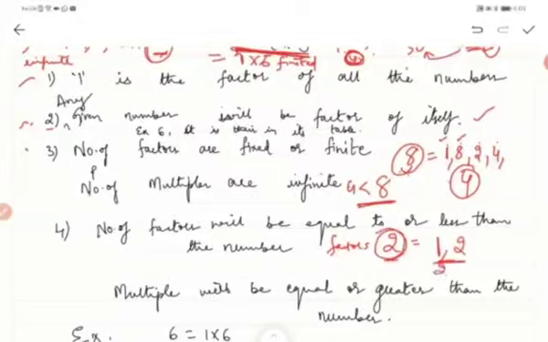The number of factors we have is 2, and this is equal to the number. So every time, the factors will be equal to or less than the number. It can't be greater. You can't have factors for 2 other than 1 and 2, isn't it? So every time the factors will be equal to or less than the number.